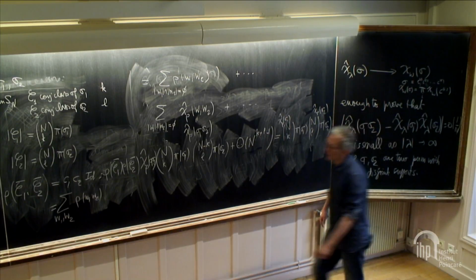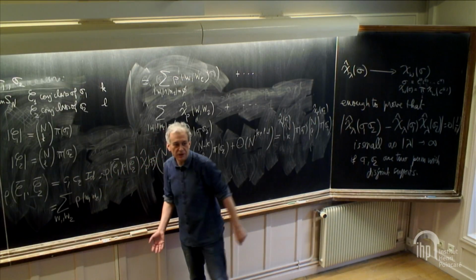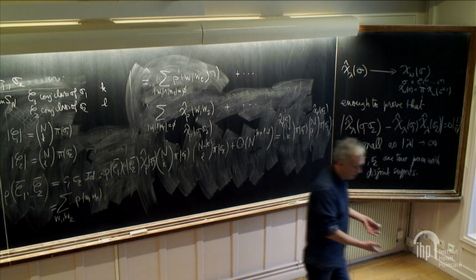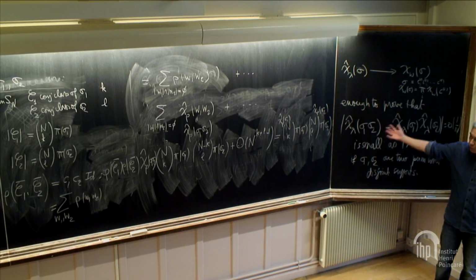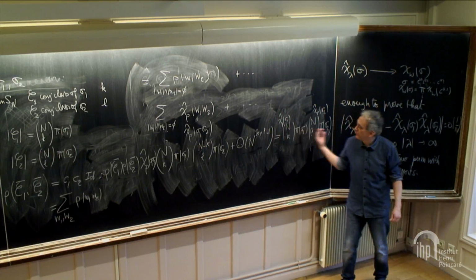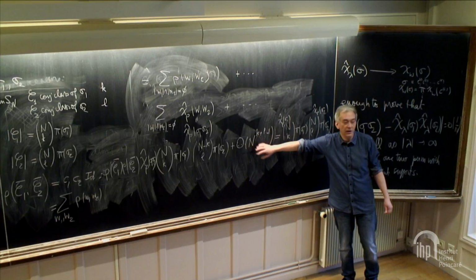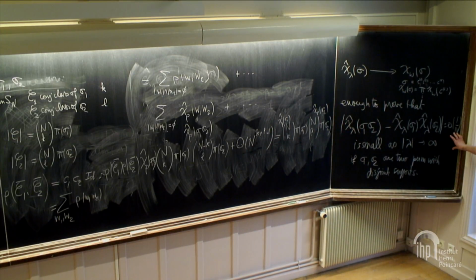So this expression, which is an exact factorization at the level of the permutations in the conjugacy classes, when you have a very huge symmetric group, gives you essentially this factorization up to some error term. But you see the error term is like O of 1 over n. And this is completely uniform.